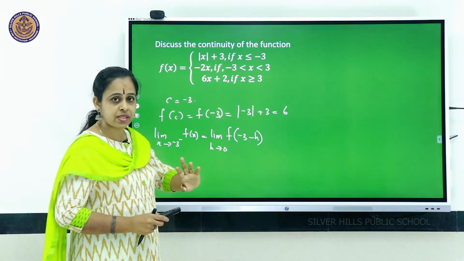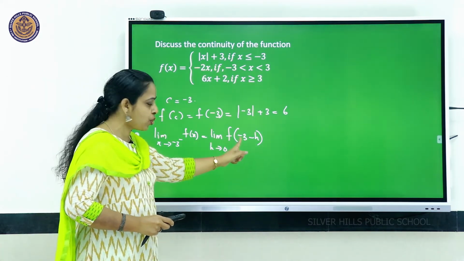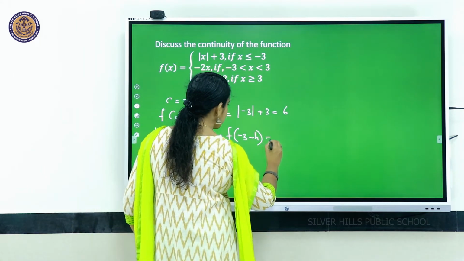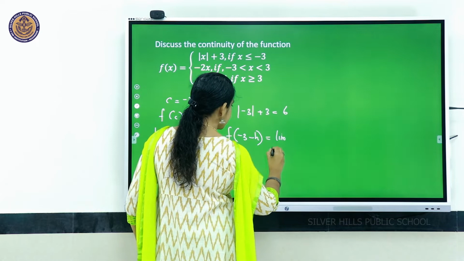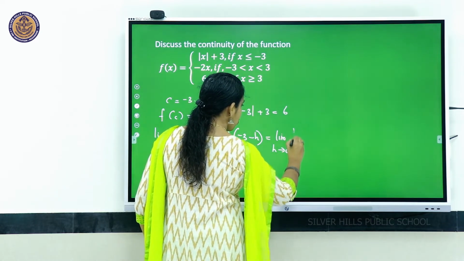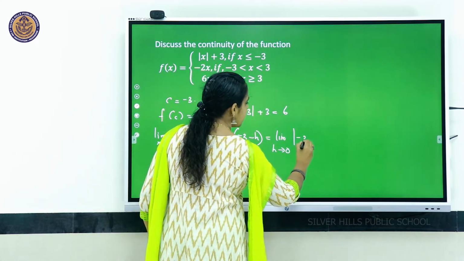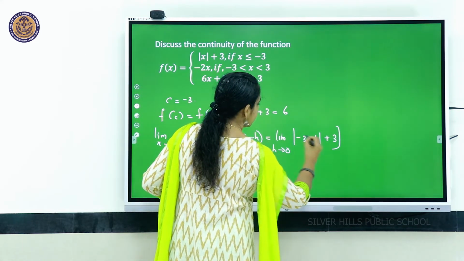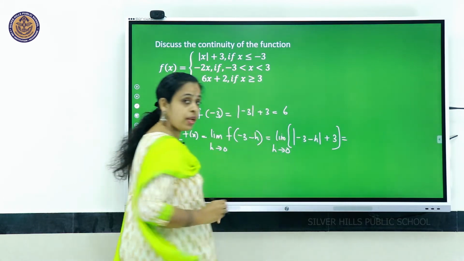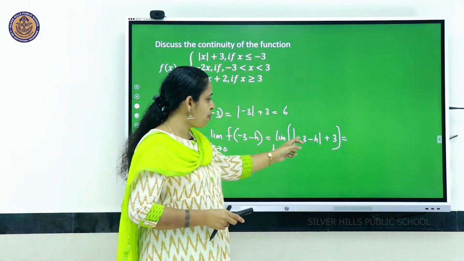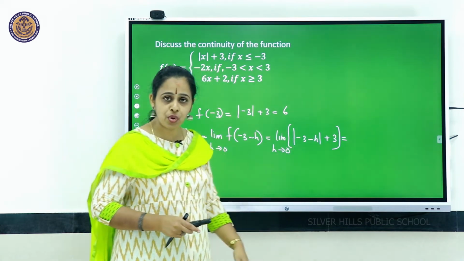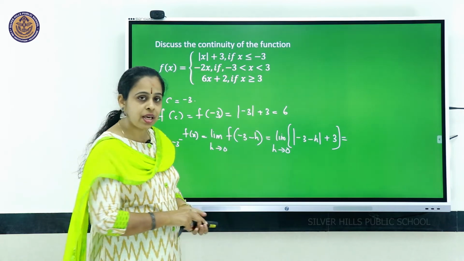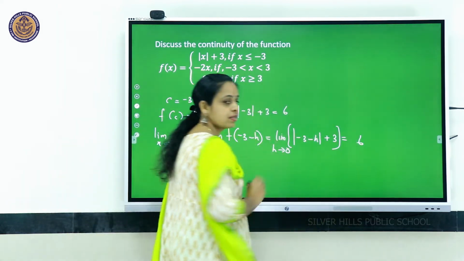Mod of x plus 3. In the place of x, we are going to substitute minus 3 minus h, equal to limit h tending to 0 of mod of minus 3 minus h plus 3. What will it become? Mod of minus 3 minus h, h is tending to 0. You will get mod of minus 3, which is 3, and plus 3 makes 6.